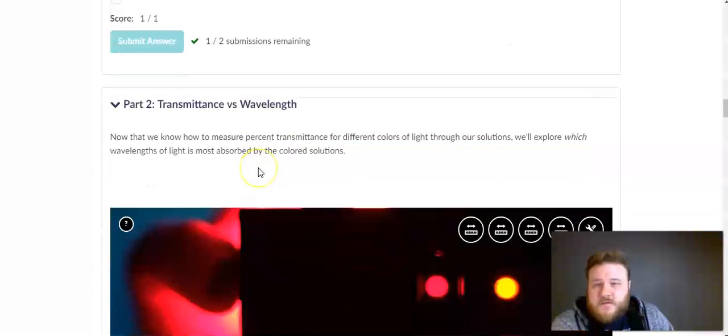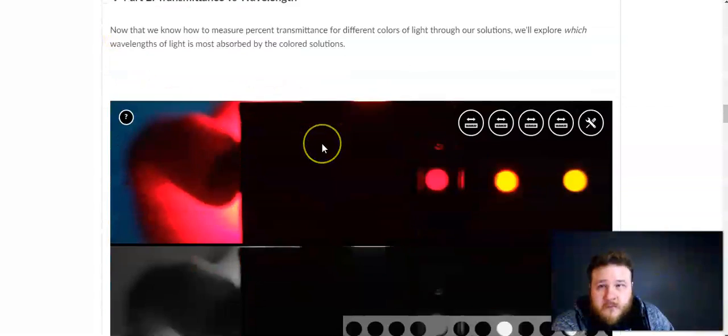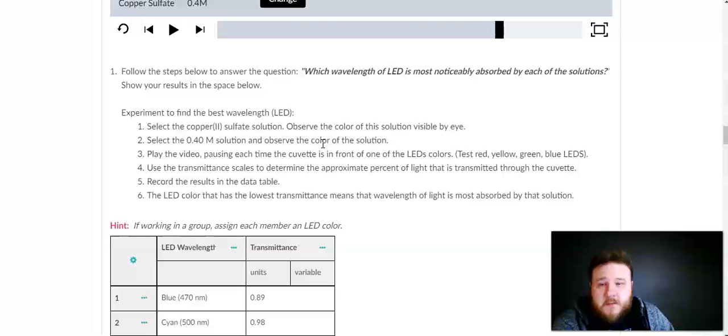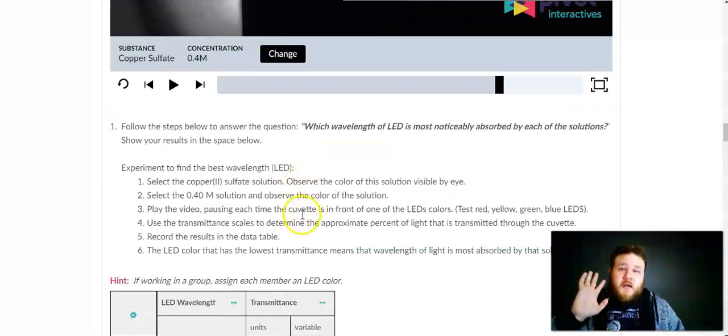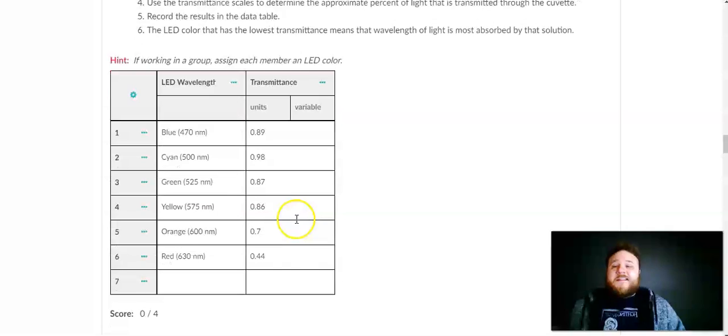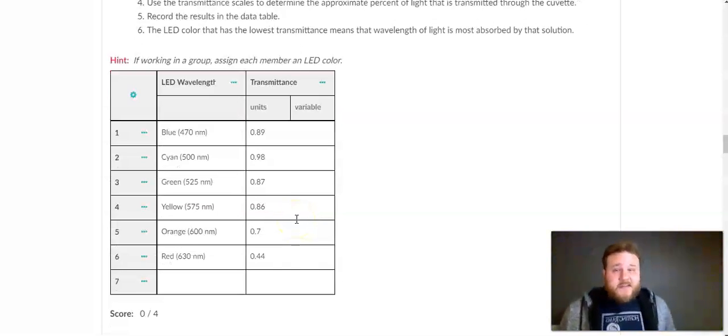Okay, scrolling down a little bit more. Now we're on part 2. Part 2 goes a little bit more in depth. We're going to start creating this table right here. So here's the thing, guys. You can be very customizable with these tables.